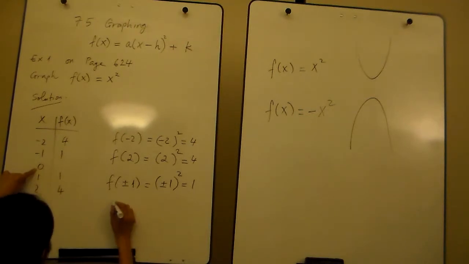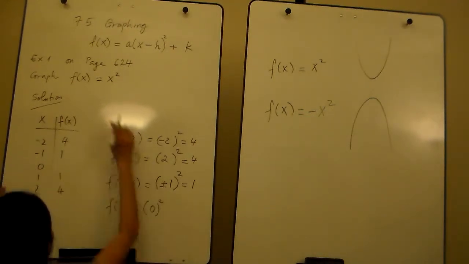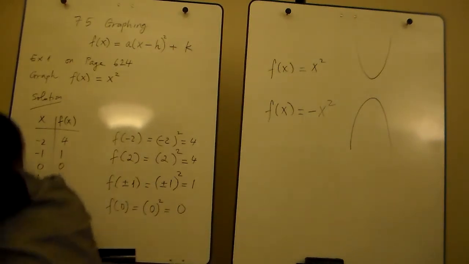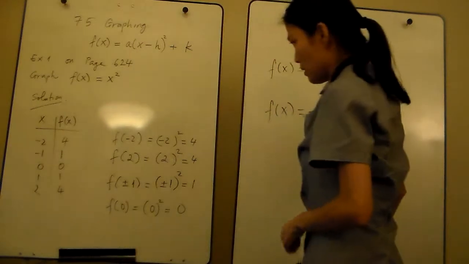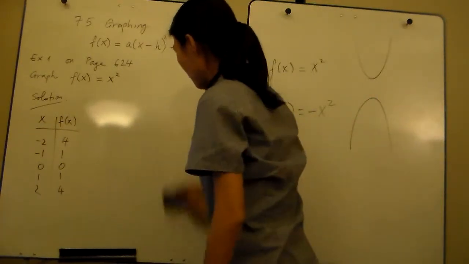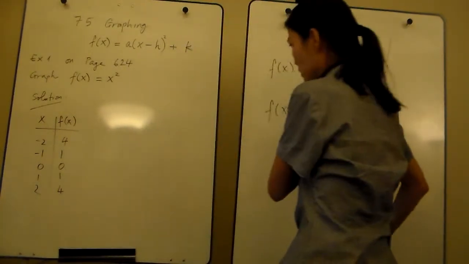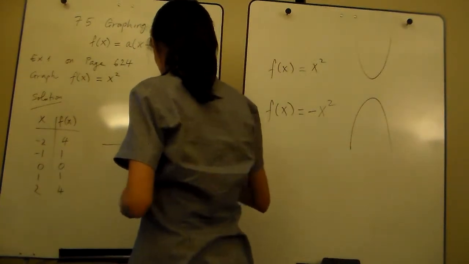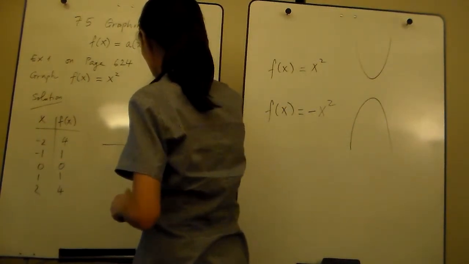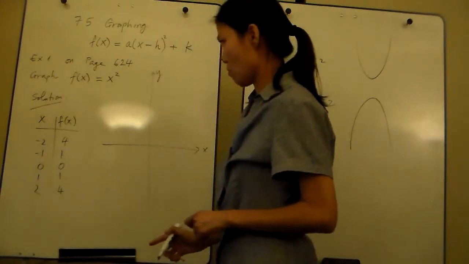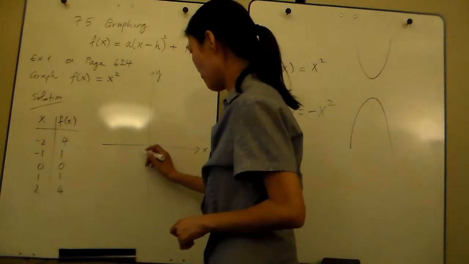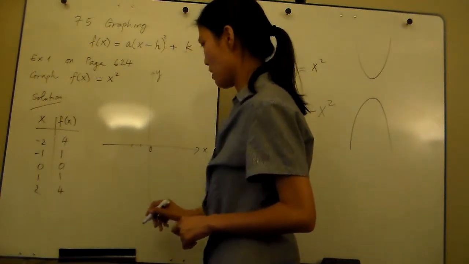So when x is 0, 0 squared equals 0. So we have 0 here. Okay? So we're ready to graph. X, y. When x equals -2, we have y equal 4.